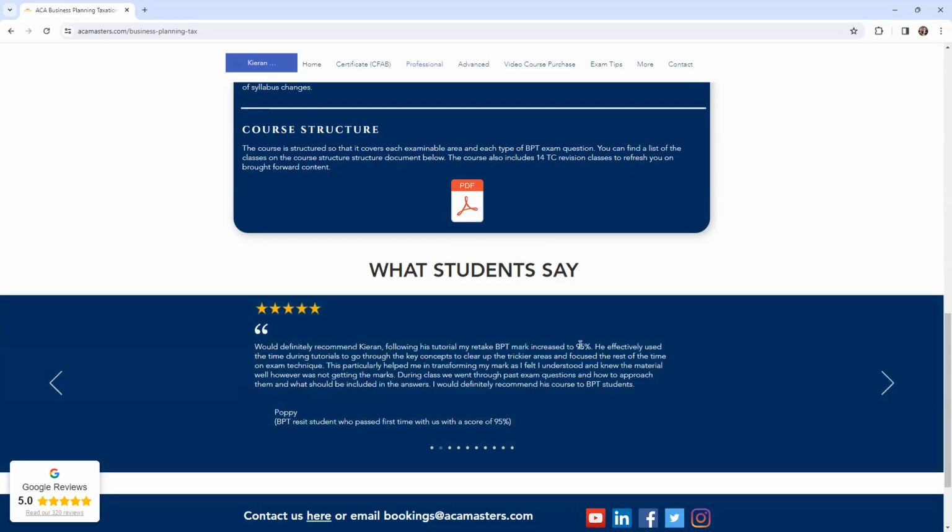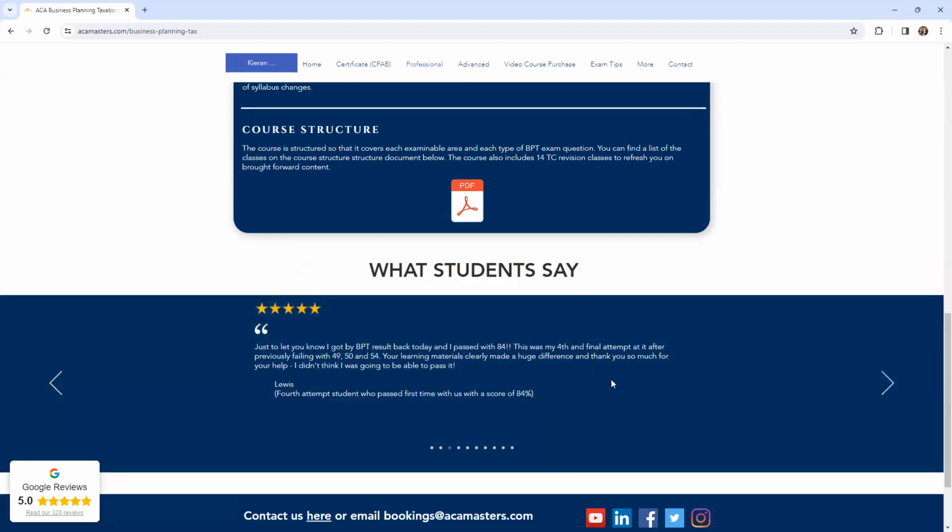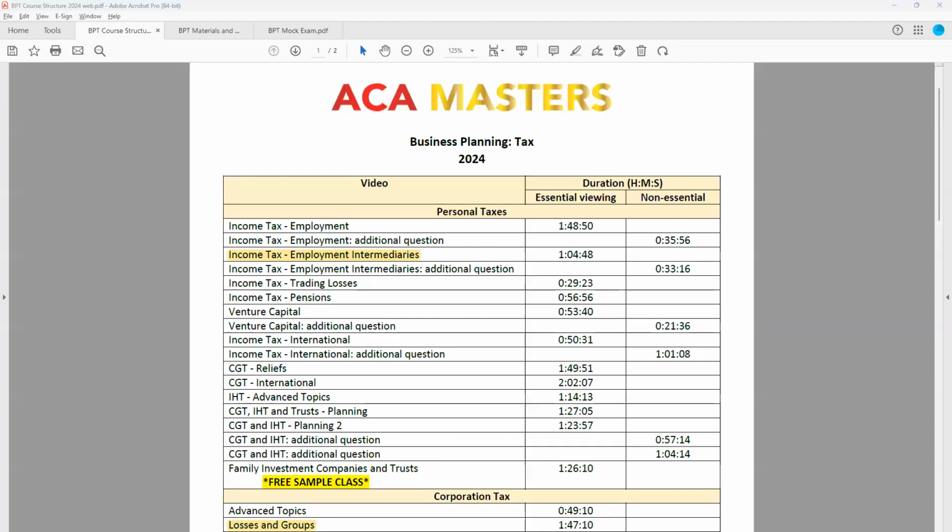We've had a few more up to 95 after failing previously, fourth attempt, 84%. So you can really see how much value the course adds and how it will really help you boost your mark in this very difficult exam, and how our approach of breaking it down makes this very vast syllabus so much more manageable. So very much looking forward to getting you through BPT exam with a top mark.